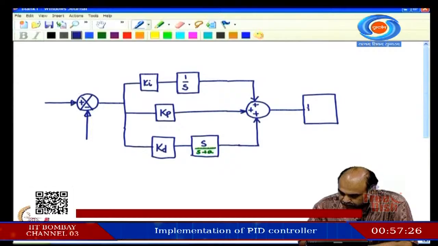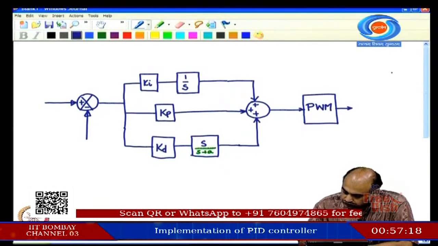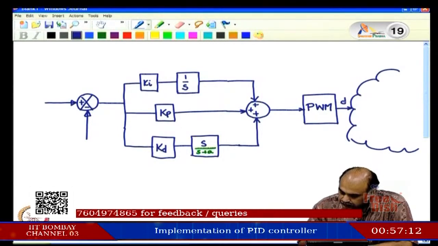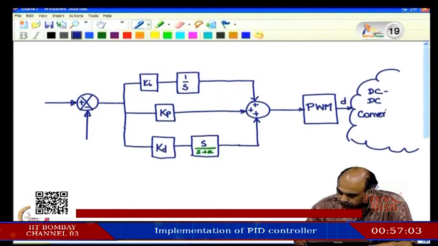We will call that one the pulse width modulator, PWM, and the output of that goes as the control input D to the DC-DC converter. This is the plant.